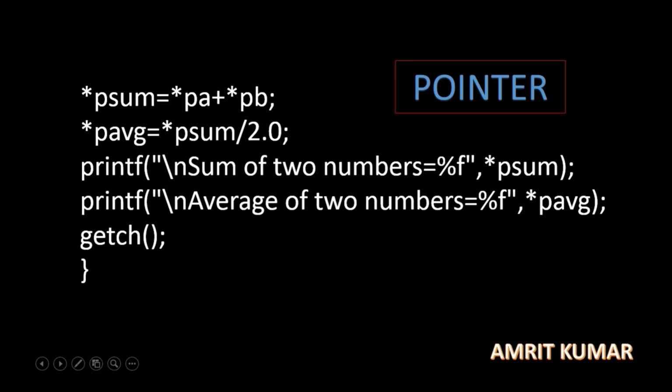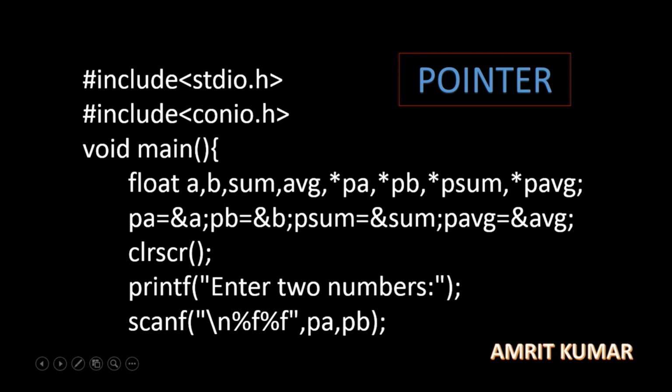So this was the concept dealing with pointers: how to find the sum and average when the user has given you two numbers, and we have used it in C language in a simple program, but with the concept of the pointer.